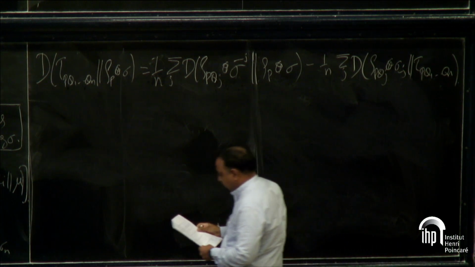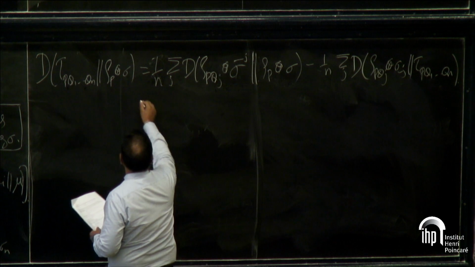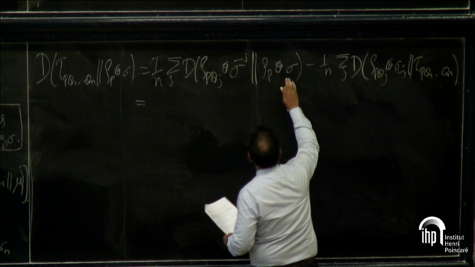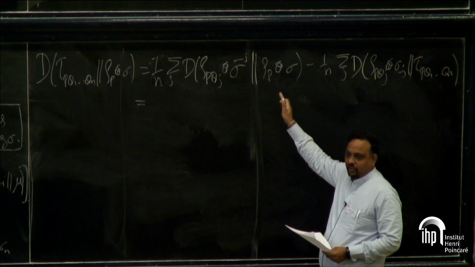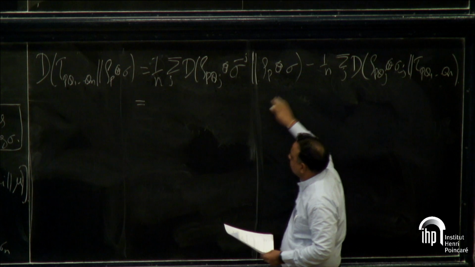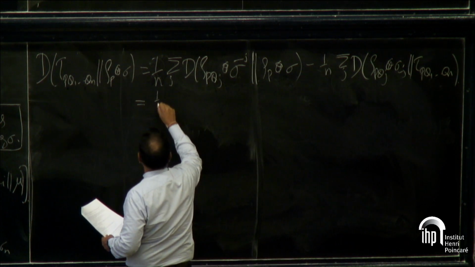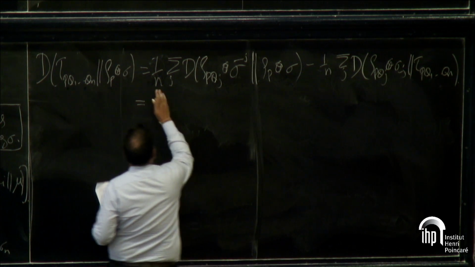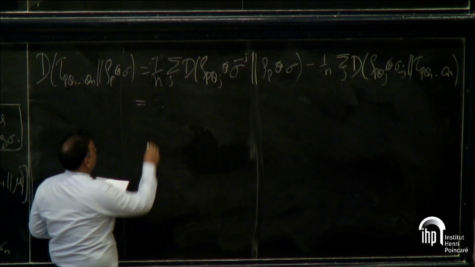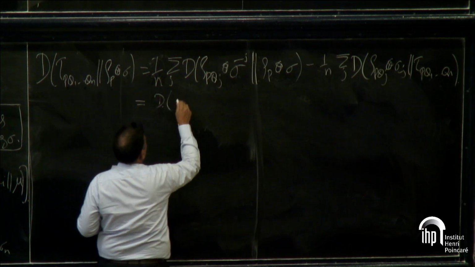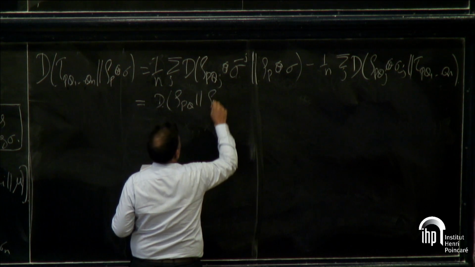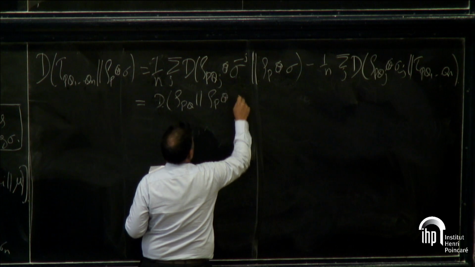One thing we can note is that the sigma already has this sigma_{-j} sitting, so we can just get rid of that, and therefore the first term for each j is nothing but D of rho_{PQ} with rho_P tensored sigma.